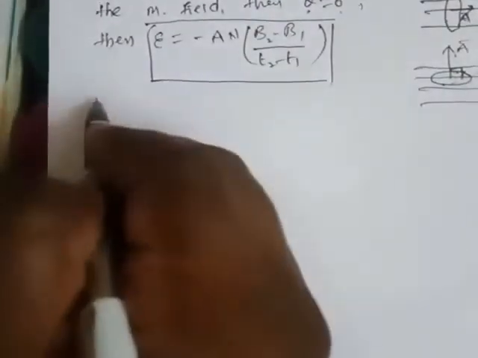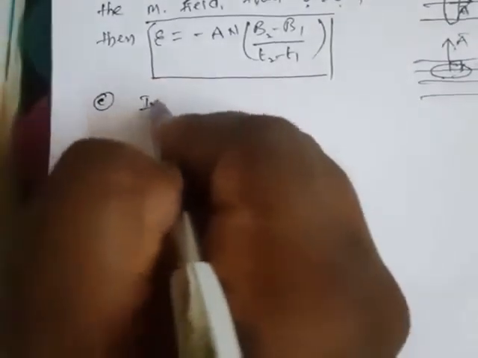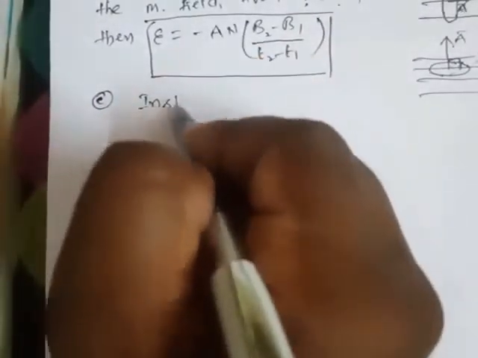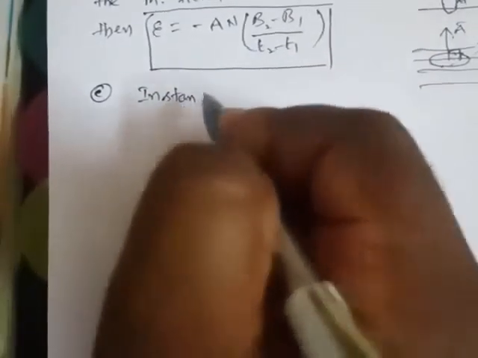Next, the third one, C. At any instant, I want the induced EMF, that is, at a particular instant. That EMF is called the instantaneous EMF.